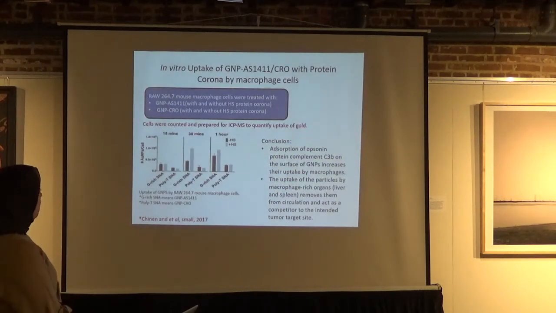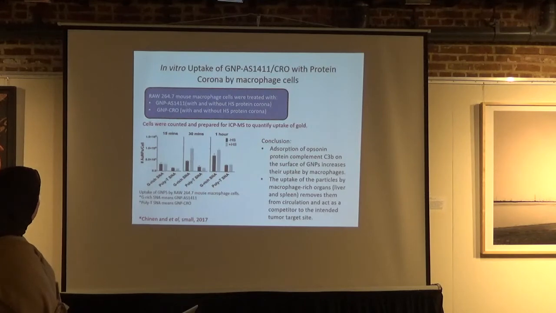This is another study that shows the uptake of particles with protein corona by macrophage cells. They used RAW 264.7 mouse macrophage cells. They treated the cells with GNB AS protein 11 with and without protein corona, and also GNB Pro, the same with and without protein corona.